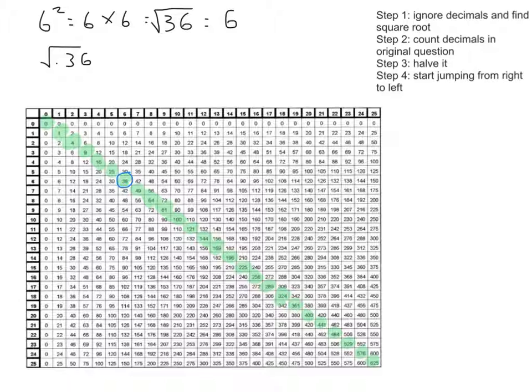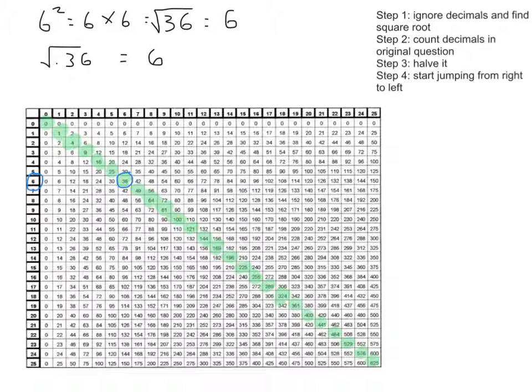We want that one number that was multiplied by itself to get 36, and we know that one number is 6. 6 multiplied by 6 gives us 36. So we found the square root, which is 6.